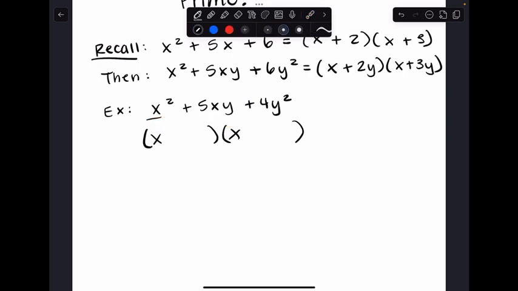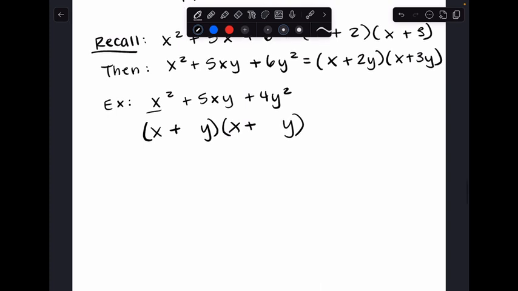Now this is a plus and a plus, so I'm going to put my pluses. And the last thing I want you to note is that we have a y squared at the end, so you're going to put that last variable in the end.